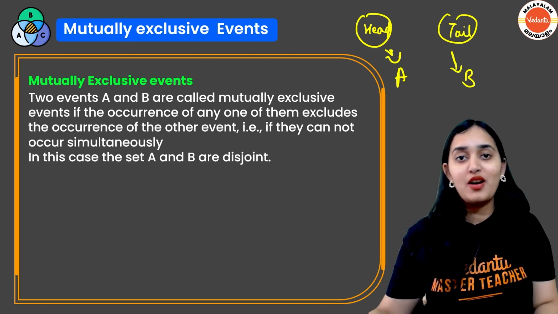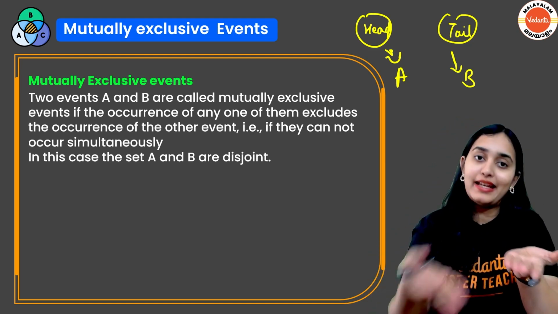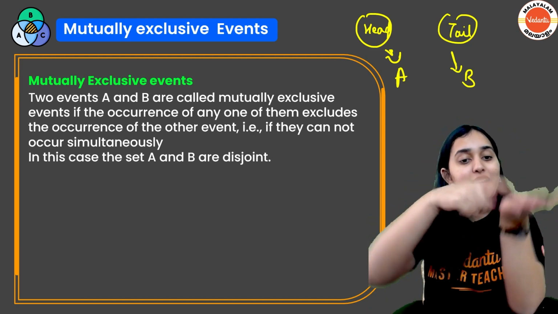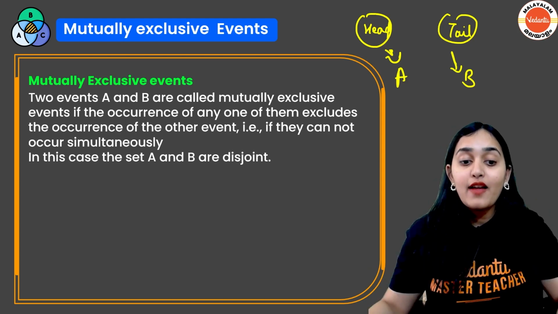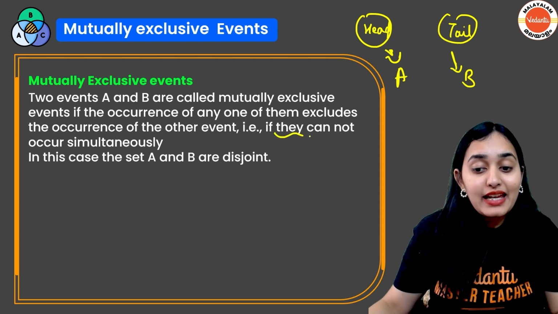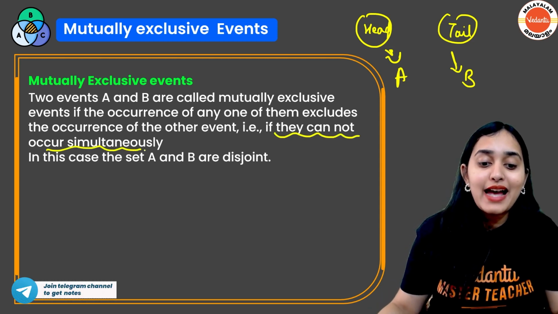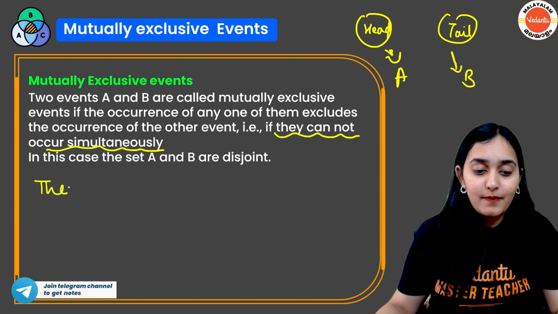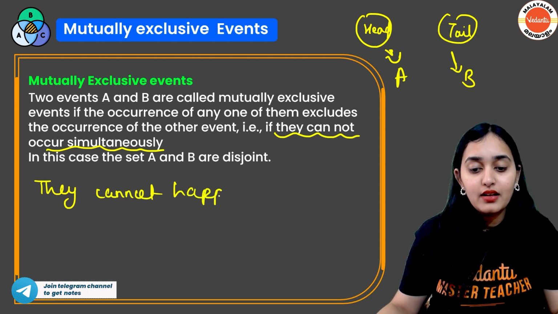No, it's not possible. No such coin is made with head and tail together. Either you will get head or you will get tail. So they are mutually exclusive of each other. They cannot occur simultaneously. They cannot happen together.